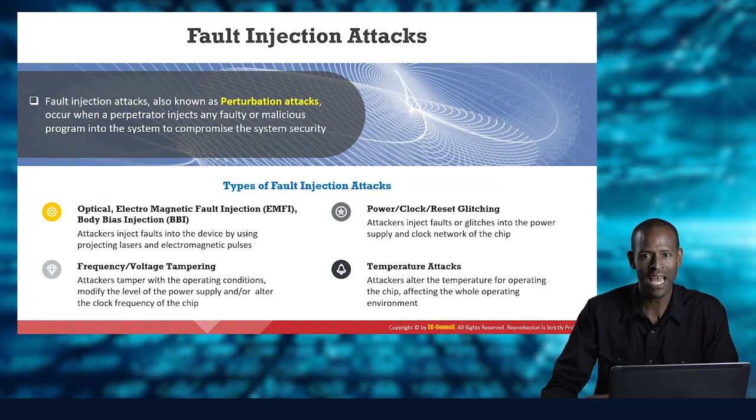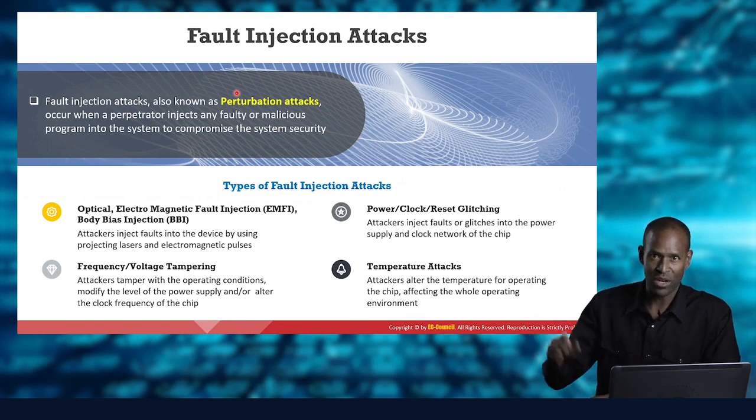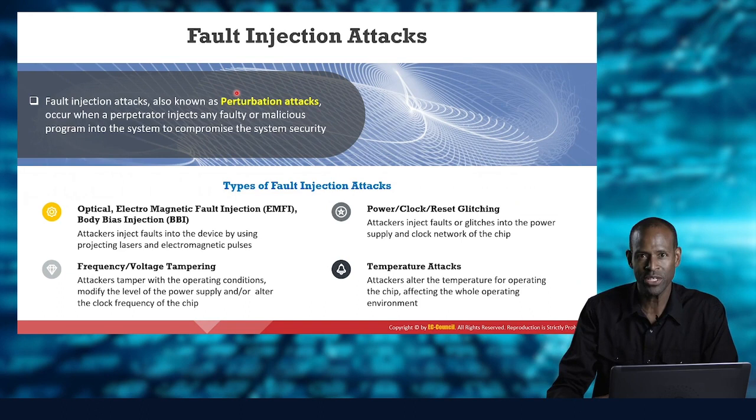Fault injection attacks, otherwise known as perturbation attacks. What happens is you inject faulty information, faulty data into the information stream just to trick the system and make it malfunction. Imagine this. There's a data center, racks of computers that are processing data for an organization.